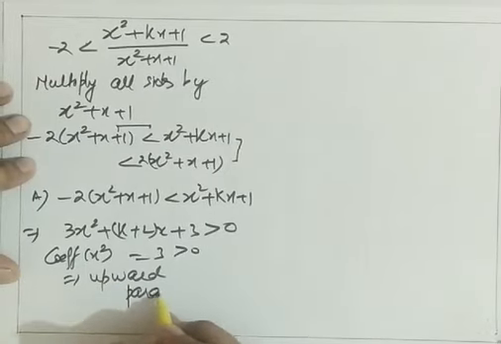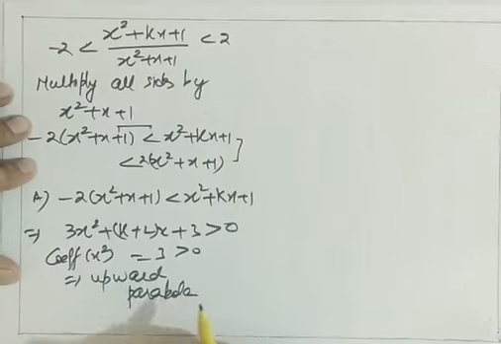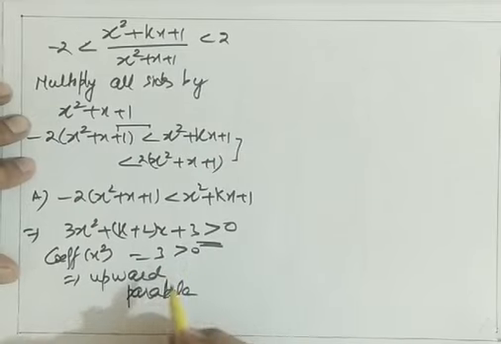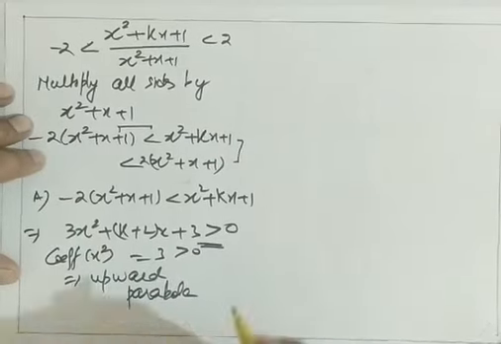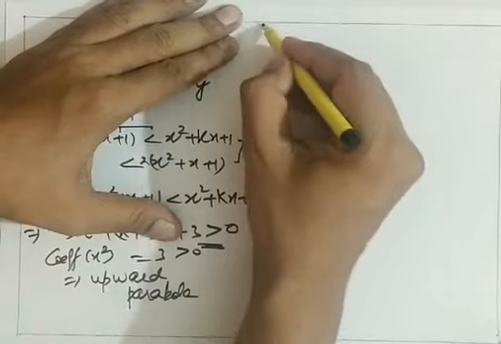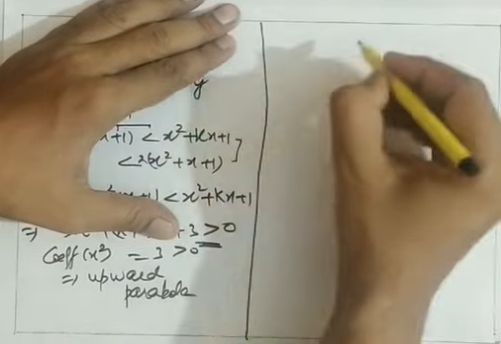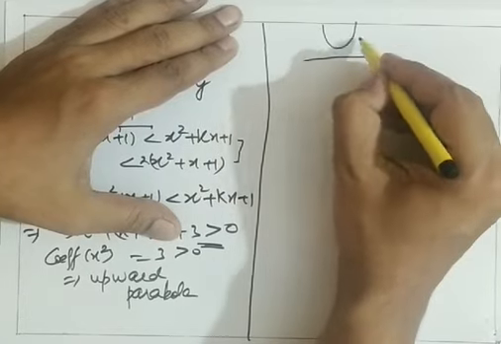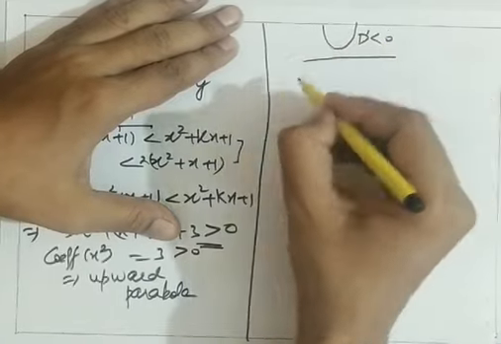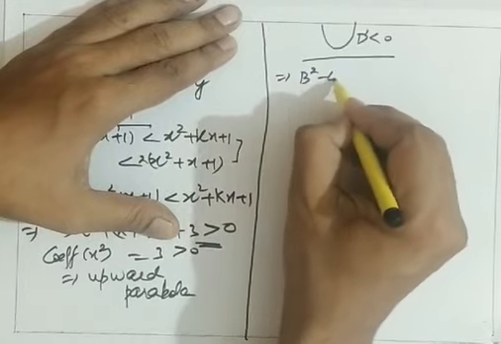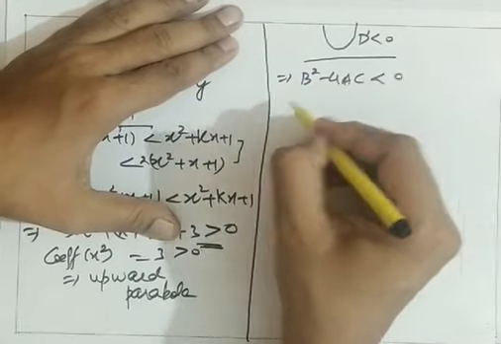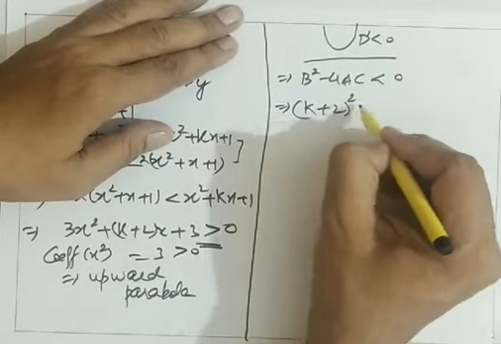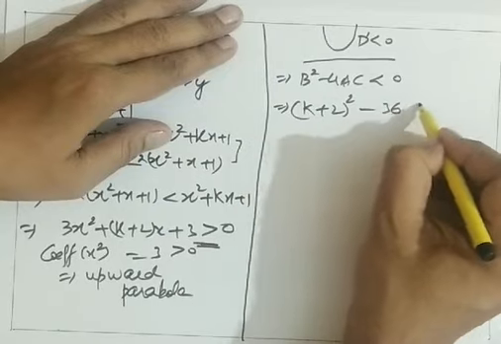This is somewhat involving the use of theory of quadratic equations. Upward parabola, and we want that the left hand side should always be greater than 0. That means if you draw the graph, suppose this is the x-axis, the graph will be like this, always above the x-axis. So that means discriminant should be less than 0, that is b square minus 4ac should be less than 0. So (k plus 2) whole square minus 36 should be less than 0.